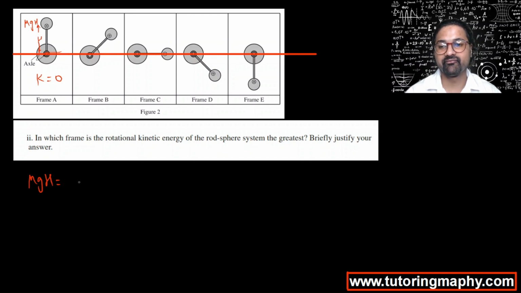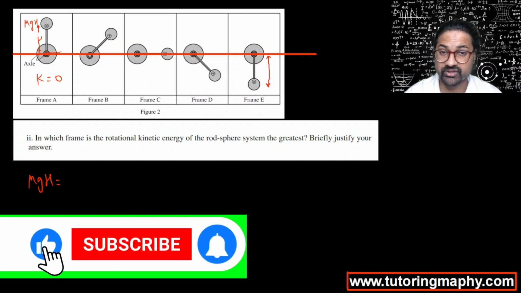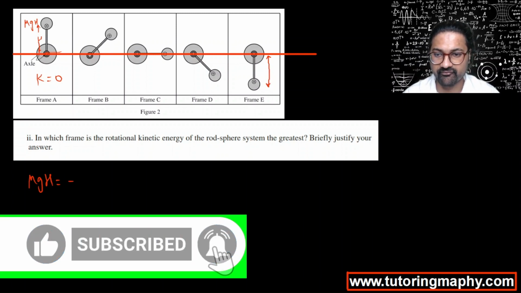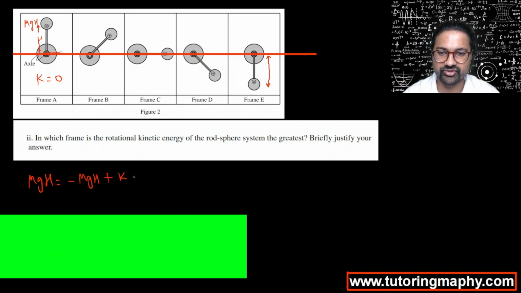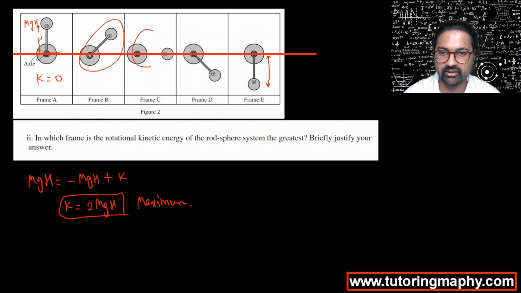And when will the kinetic energy be maximum? When the potential energy is minimum, which is in frame E, because in frame E the potential energy is minus mgh and the remaining energy will be kinetic. So obviously this kinetic energy will come out to be 2mgh, which is the maximum in this case. Why maximum? Because in all these other situations the potential energy is not going to a minimum value. It is some value more than the minimum possible value.